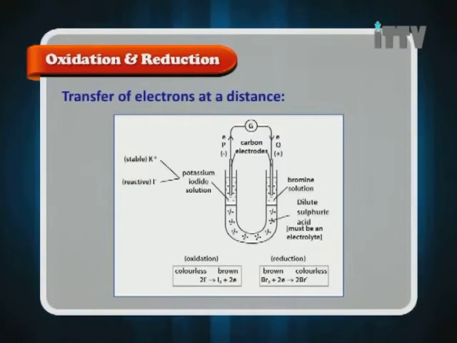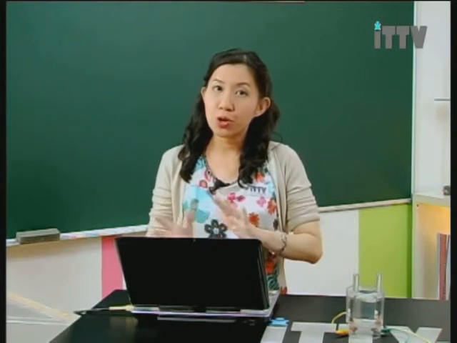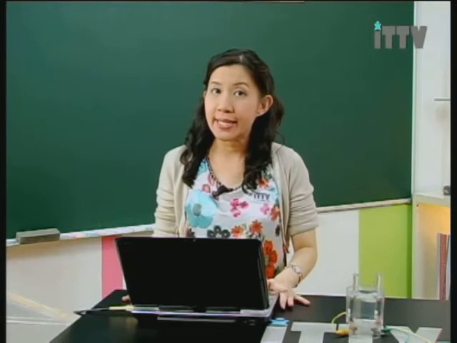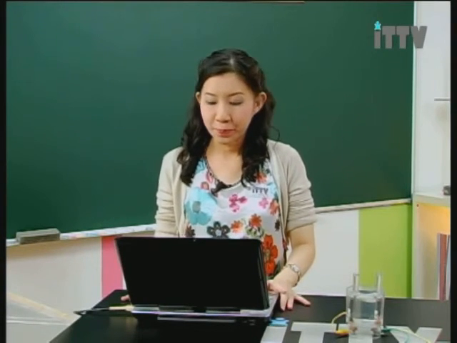Whereas for the positive terminal that contains the bromine solution, bromine is reduced to bromide ions that are colorless. So this was a simple setup to show how electrons can be transferred at a distance, and the setup is very similar to a voltaic cell.